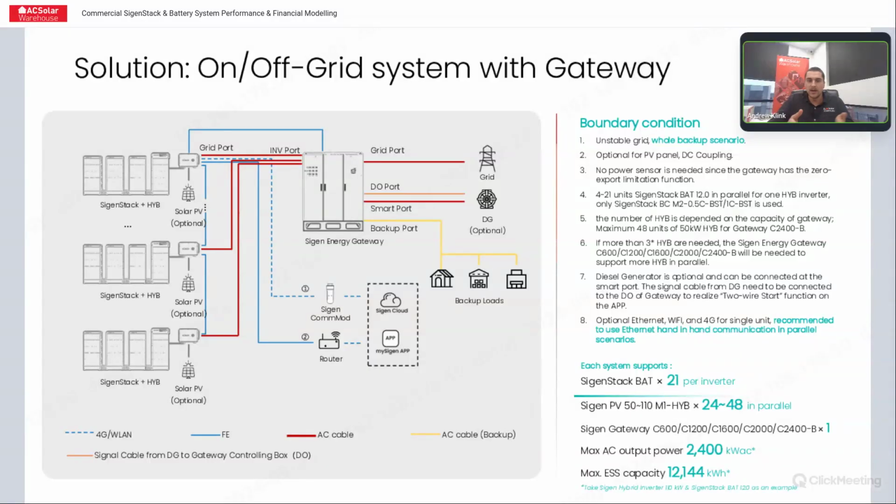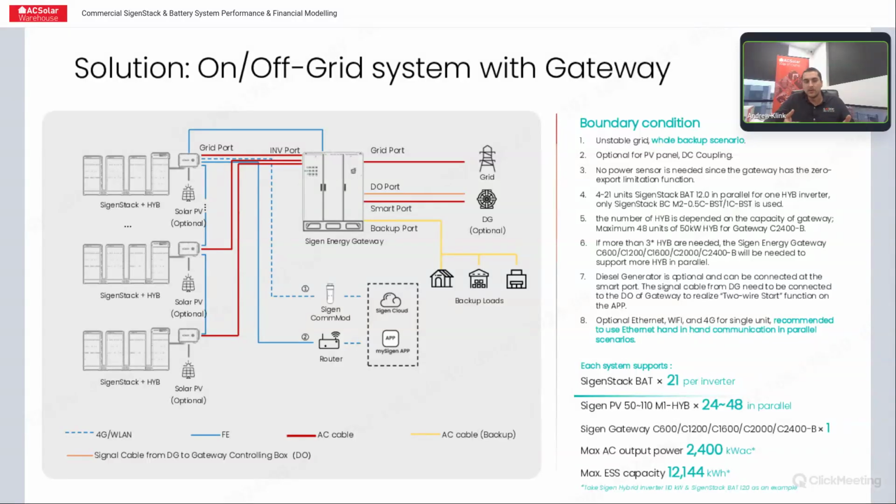So if you've got a larger off-grid or backup system where you need to exceed that amount, and I think the 3 in parallel gives you about 756 kilowatt hours, so anything larger than that, you might need to look at going to a gateway like this. And it also opens you up to having the backup generator connected to the smart port there.